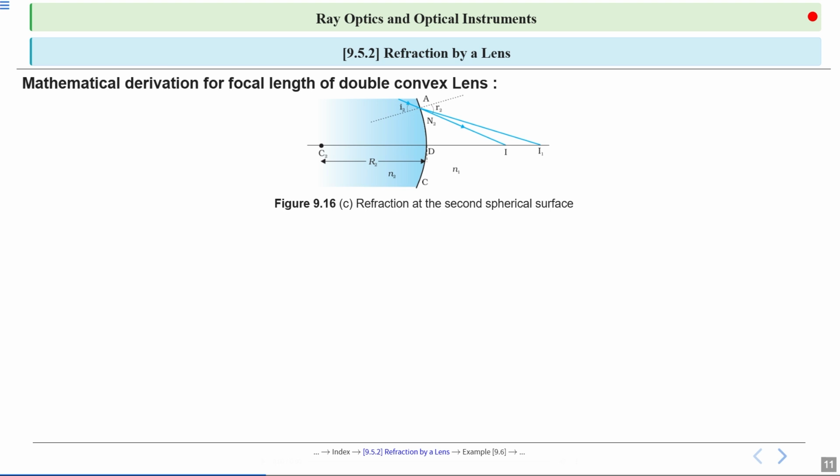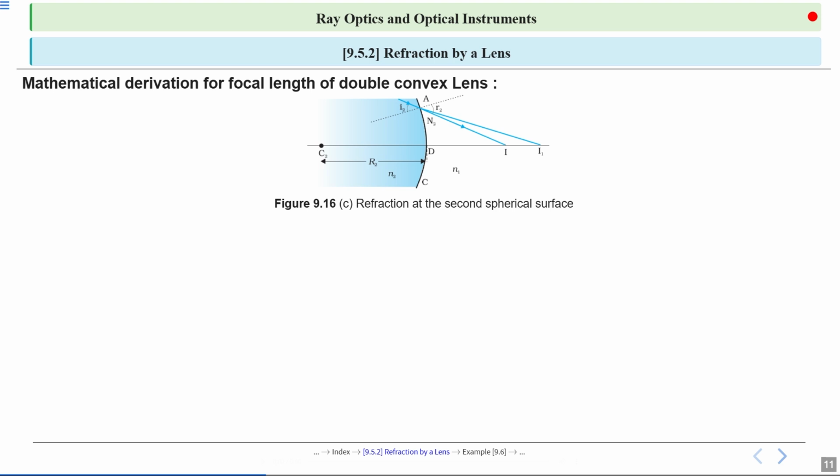So light, after refracting through the first spherical surface, is falling on the second spherical surface at this point. This is the incident light coming after refracting through the first spherical surface ABC. So light is coming from the denser medium and it is going into the rarer medium. Also, this light ray is directed towards I1.